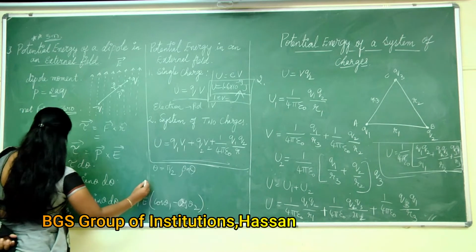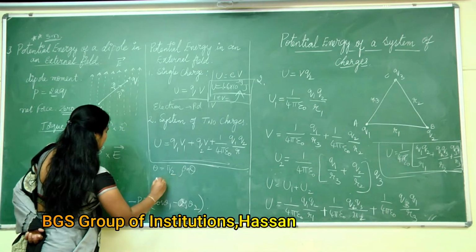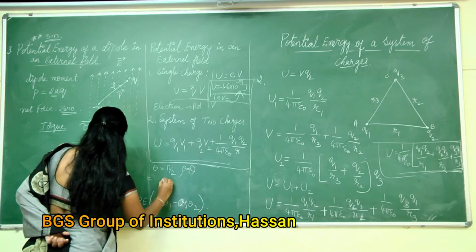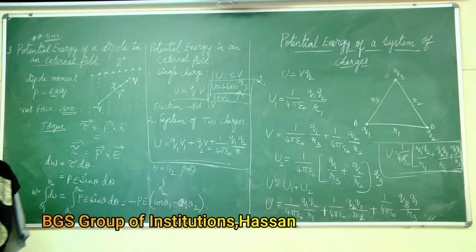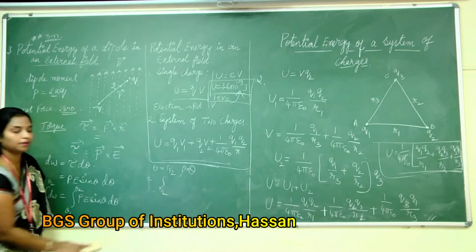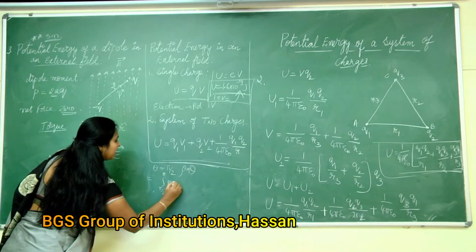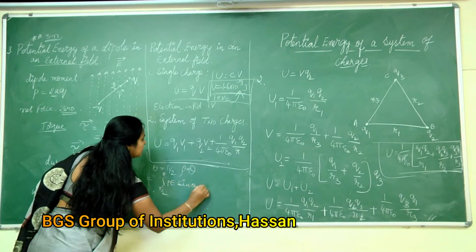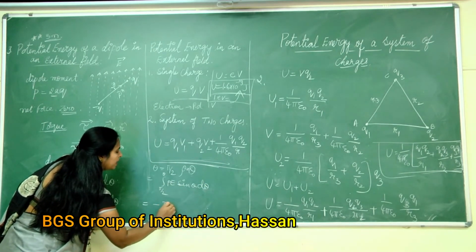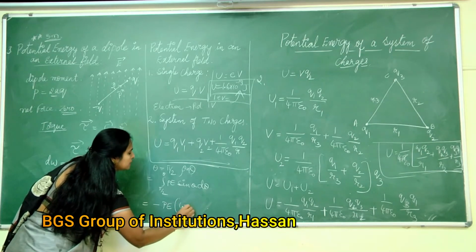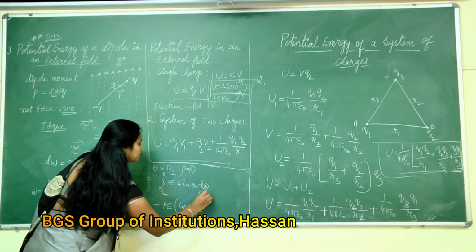The expression is the integral from pi by 2 to theta of P E sin theta d theta, and this will be minus P E cos theta from pi by 2 to theta.